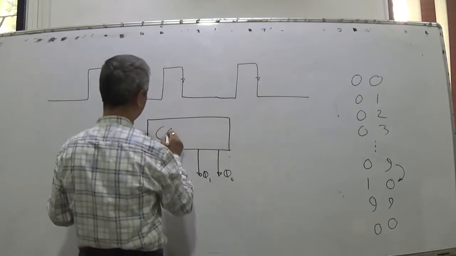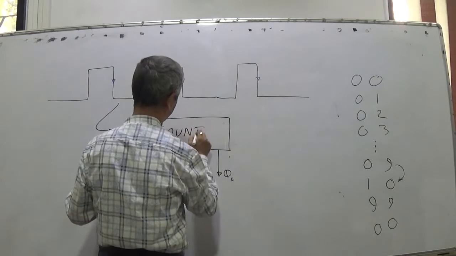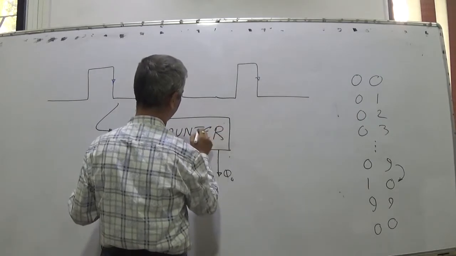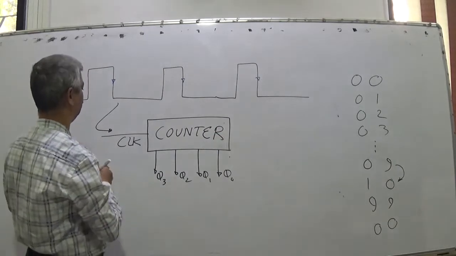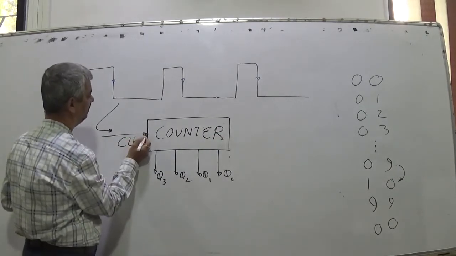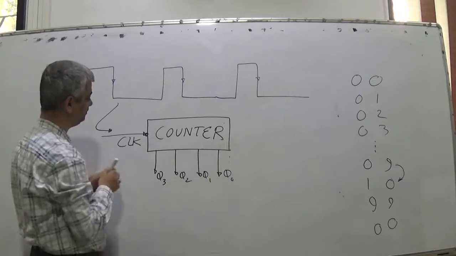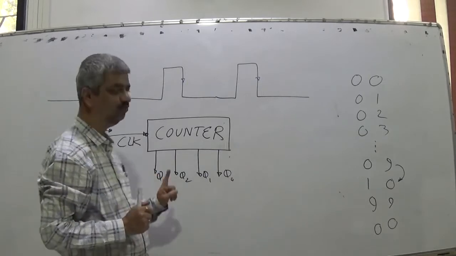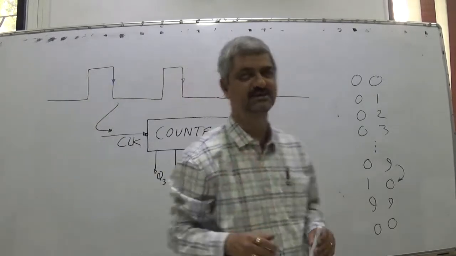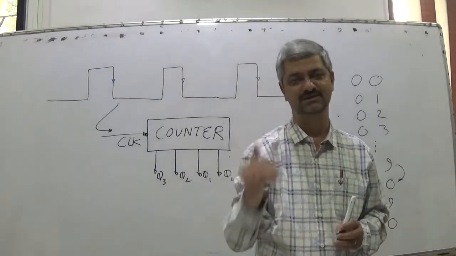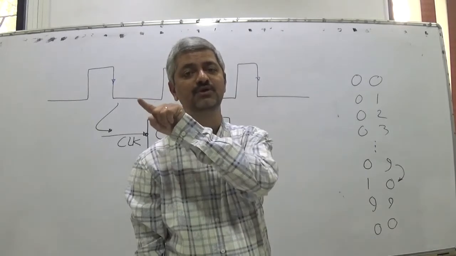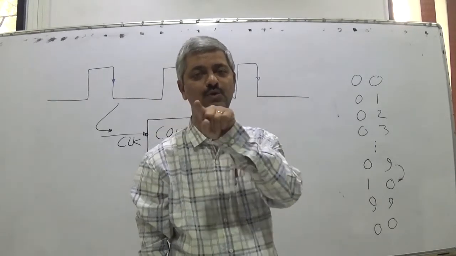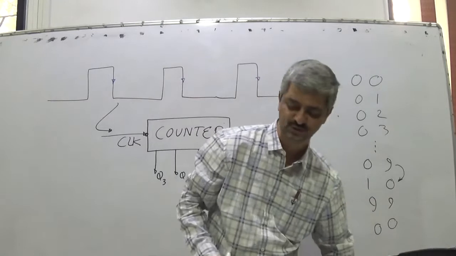So a counter: whenever this clock input is there, when one falling edge comes, the counter should move to the next state. So initially all values of the outputs Q3, Q2, Q1, Q0 are 0, 0, 0, 0.